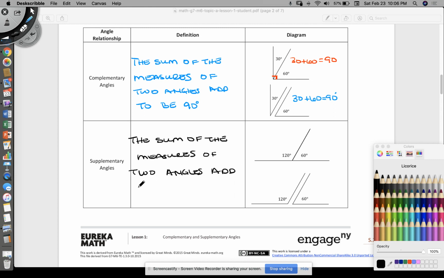Add to be 180 degrees. And what that looks like is we have this 120, and then we add that to the 60, and this comes out to be 180 degrees. And again, we can have them separated here where they don't have an adjacent angle. They're two separate angles. We have a 120 and we have a 60, and we can still add those to equal 180 degrees.